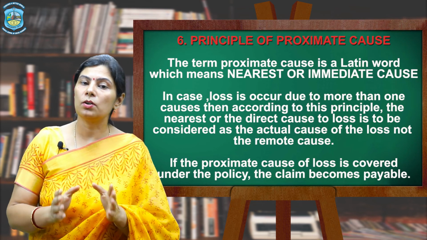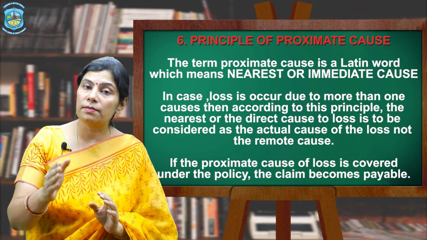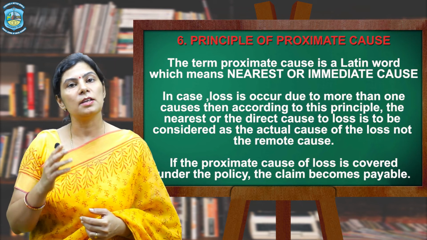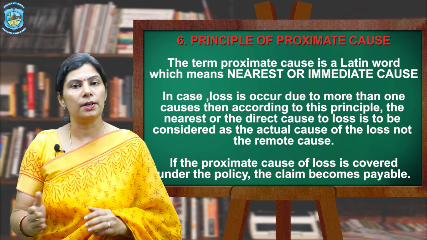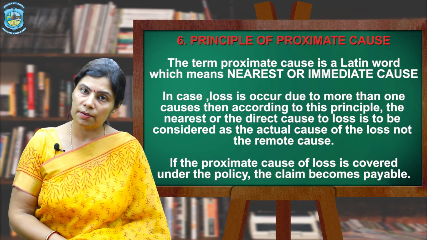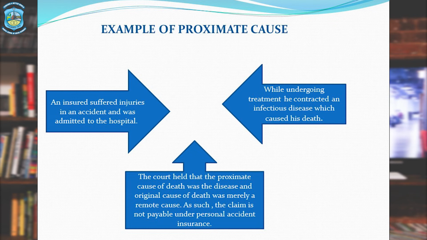If the proximate cause of the loss is covered under the policy conditions, only in that case the insurance cover will be paid to the insured. Otherwise, he will be denied any loss coverage. Let's take an example. An insured suffered injuries in an accident and was admitted to the hospital.